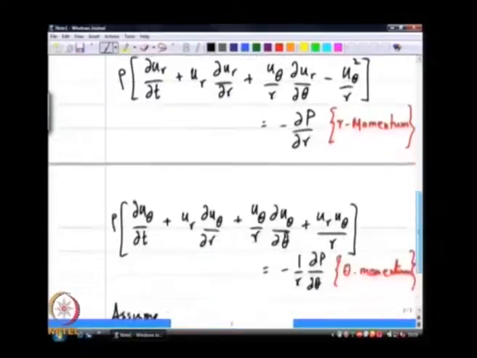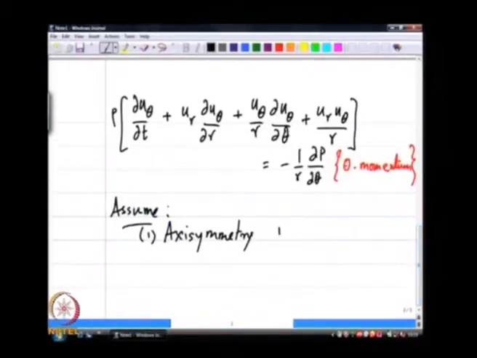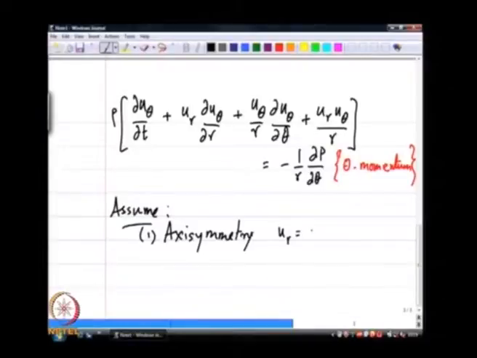Now, if I assume axis symmetry, what do I have? Let us say u r is only a function of r, u theta is only a function of r. I will use the same symbols as there. P of r.